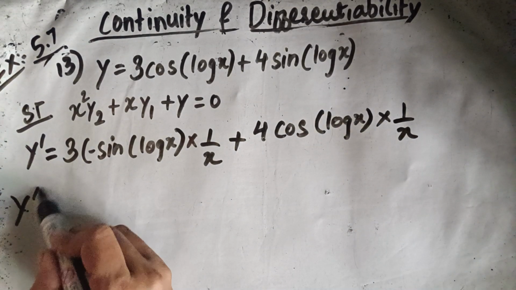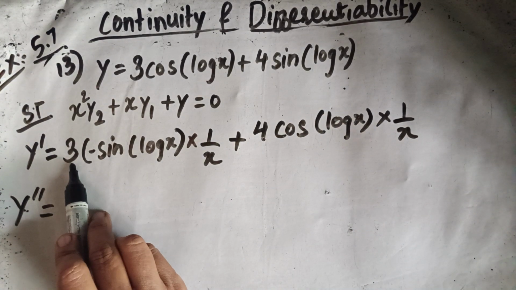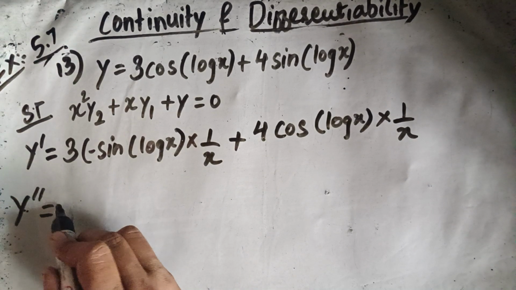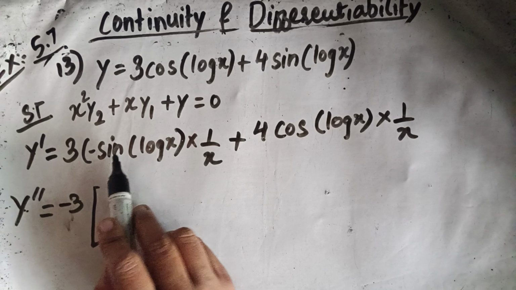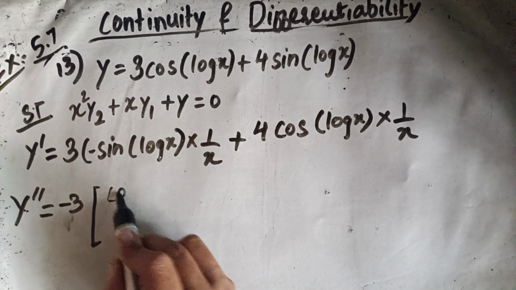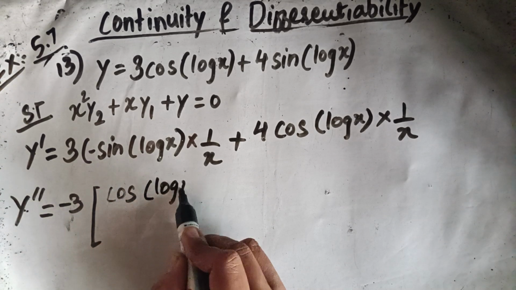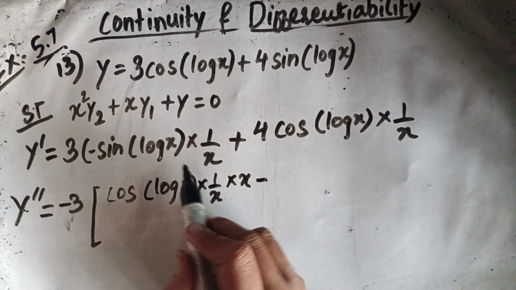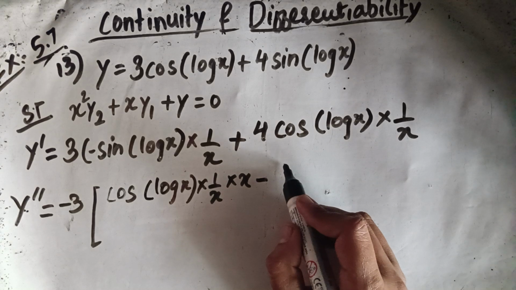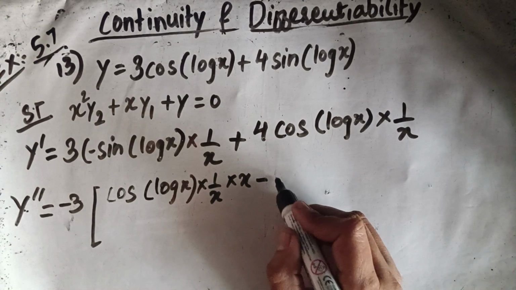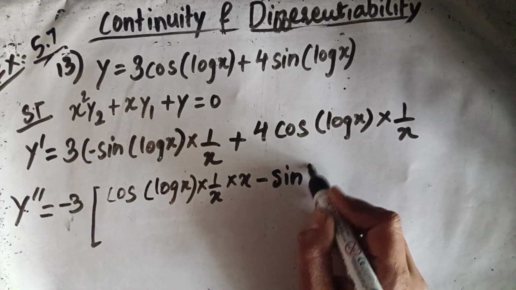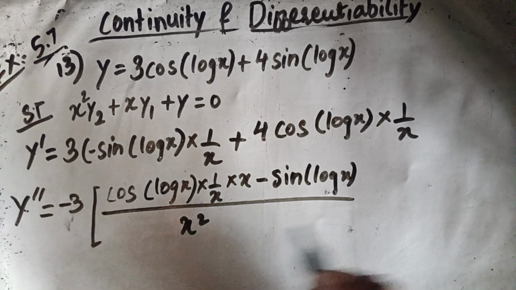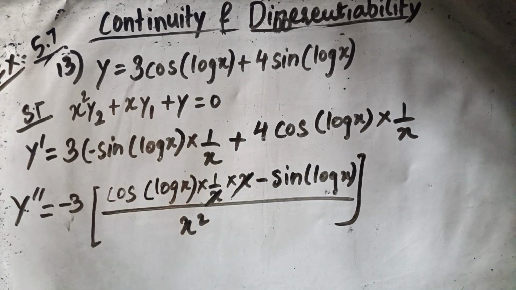Again differentiating. So this is u by v. Minus 3 you can keep outside. U is this. So derivative of u, cos log x into 1 by x, into x, minus derivative of x is 1, so this is sin log x, on x square. This x gets cancelled.